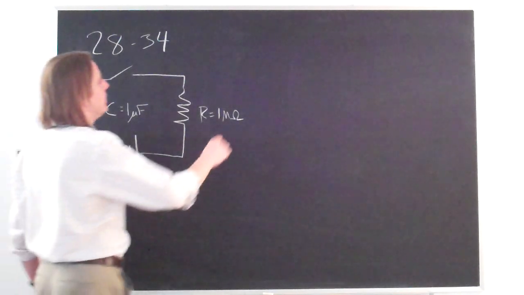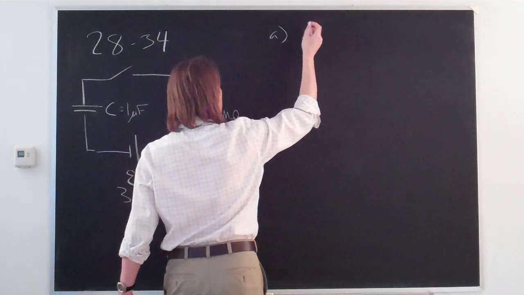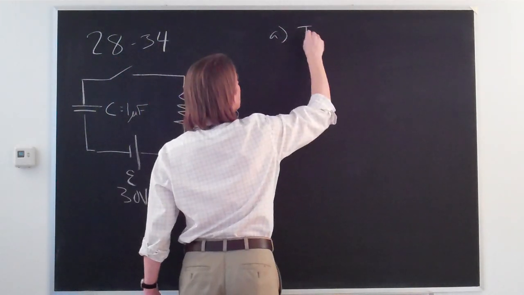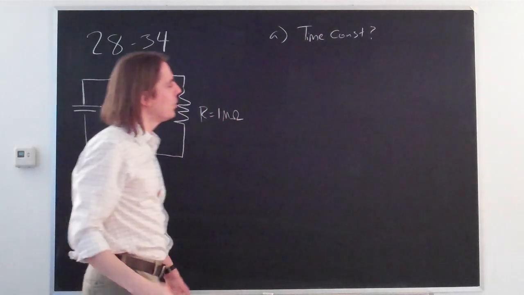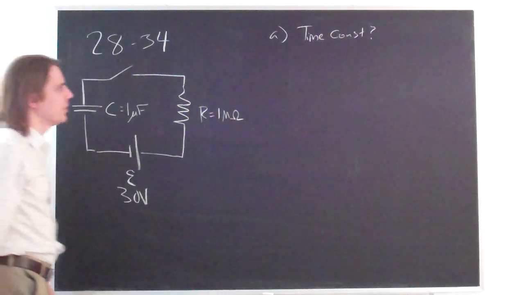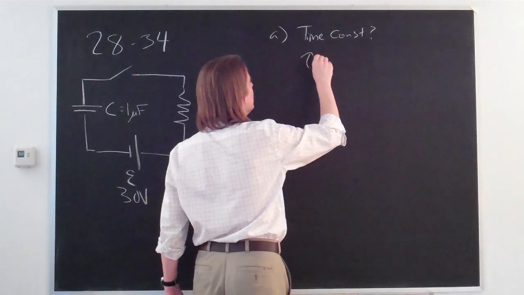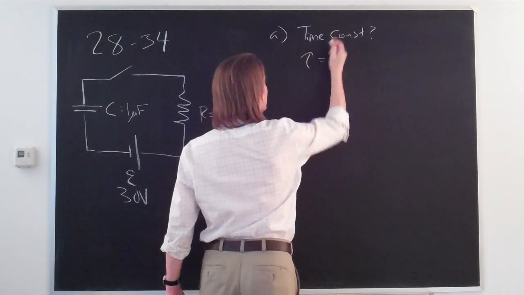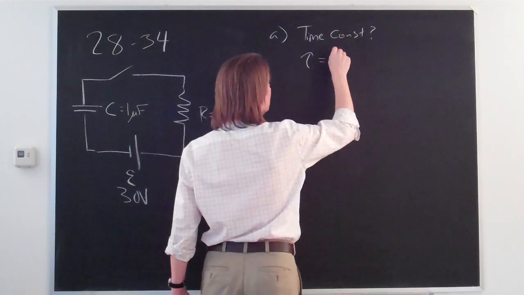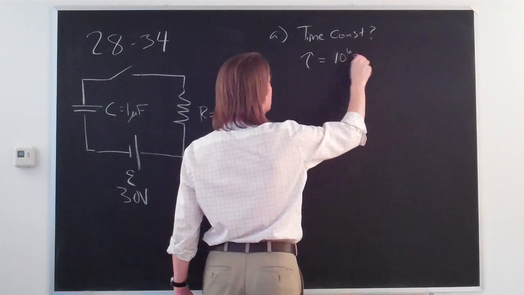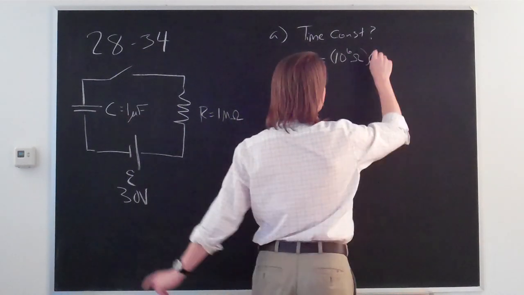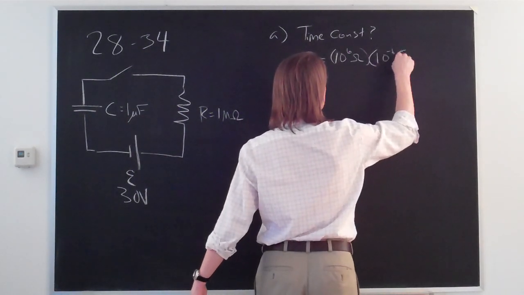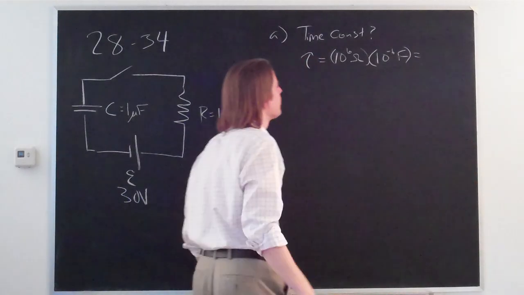The first is, what is the RC time constant? Or what is the time constant? Well, it's often called the RC time constant because it's R times C. So tau, what we usually label it, is R times C. So it's 10 to the 6 ohms times 5 times 10 to the minus 6 farads.